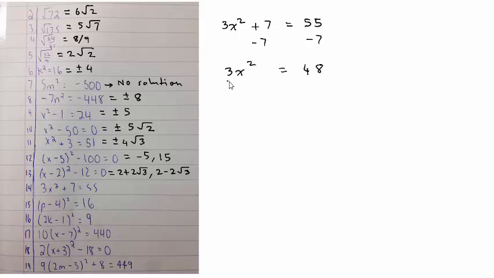You divide both sides by 3 because you need x squared to be able to get x. These two cancel out. You have x squared is equal to 48 divided by 3, which is 16. So when x squared is 16, x is going to be equal to plus or minus the square root of 16, and the square root of 16 is 4. So this is going to be equal to plus or minus 4.